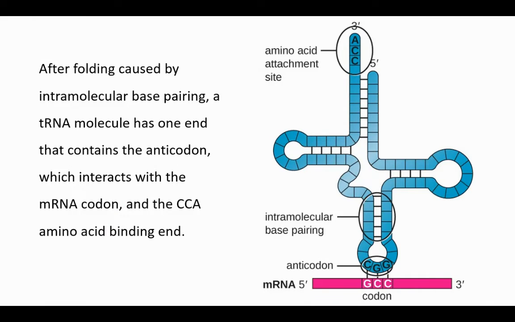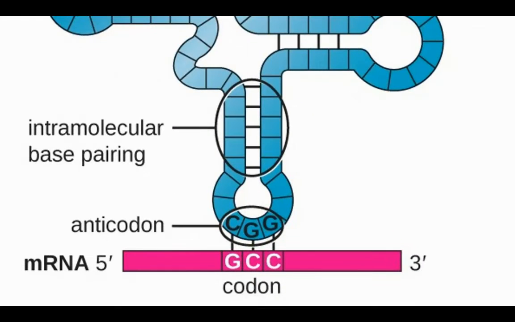If you look at it, it's actually a part of the mRNA. When it is made, it gets divided into different parts. One of them becomes the mRNA, the other one becomes the tRNA. Now, the tRNA will have pairing within itself. It bonds within itself, and it's going to have the anticodons. If you look here, you have the anticodons, and the one on the mRNA is what we call the codon.